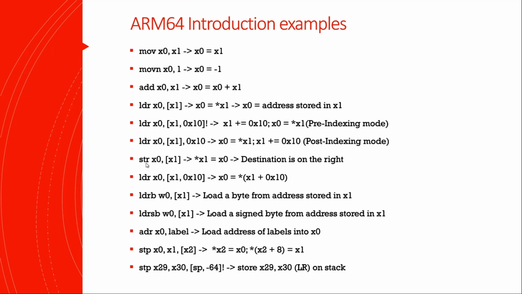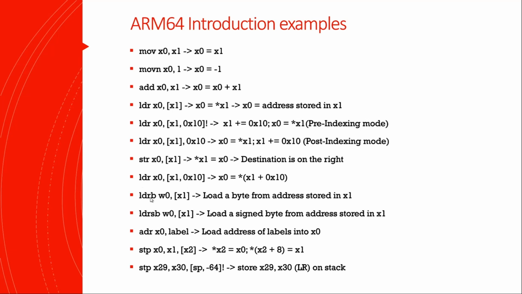Then we have STR, which is store register. It will store the value of this x0 register into the memory address pointed out by this x1 register. Okay, this I think we have already seen.